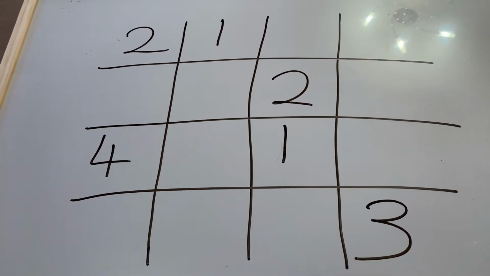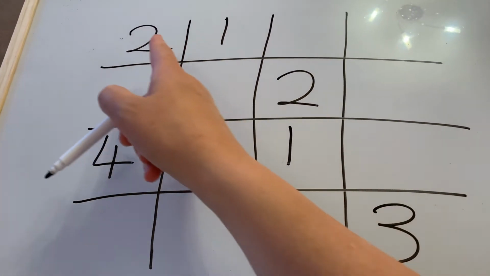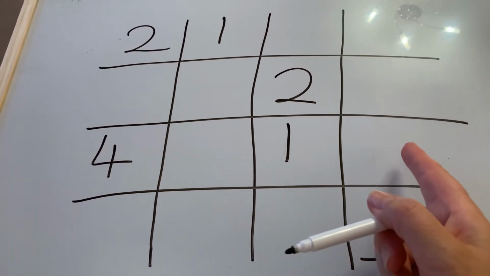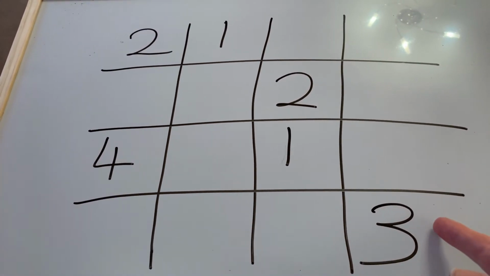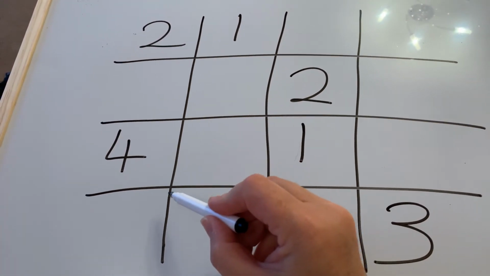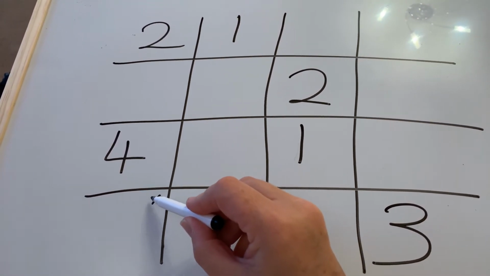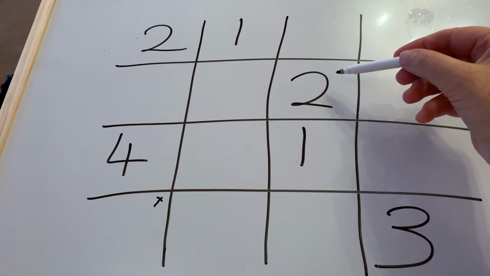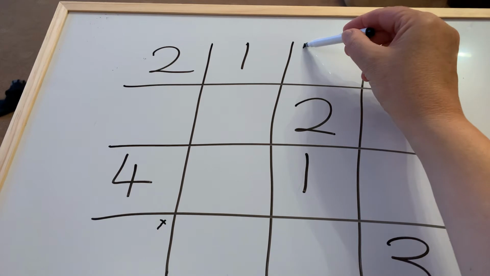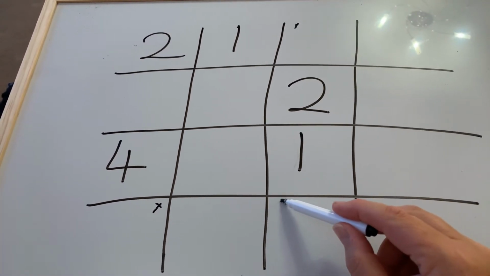Okay, now we don't need to put a 2 there or there because it's there. So I've got to put a 2 here or here. Now, because there is a 2 there, you're not going to put it there. There's a 2 here, so come down. I'm not going to put it there or there.